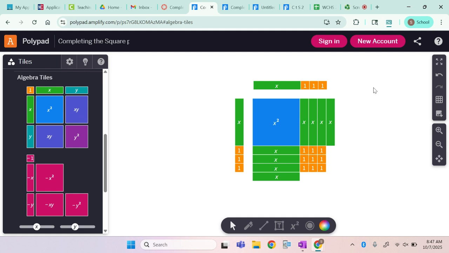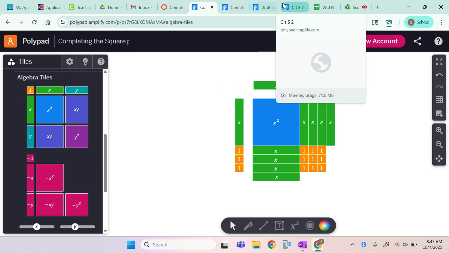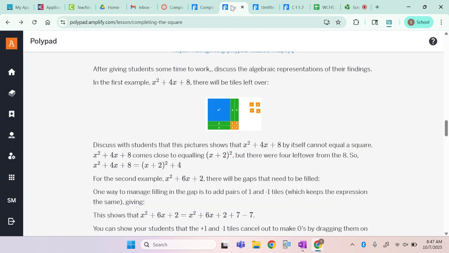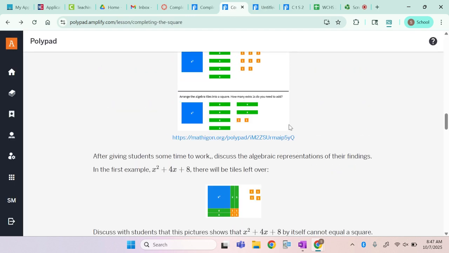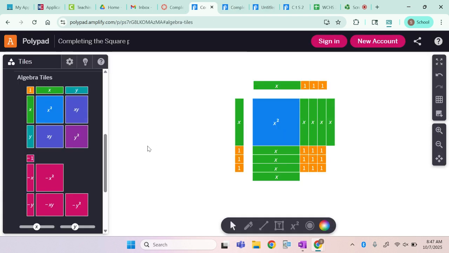Then I'm going to add on a 12. So if I add on 12 here, what am I doing? I'm hitting the wrong one. So if I add on 12, I already have 9, so I just need to add 3 more ones. So I'm going to put them right here.